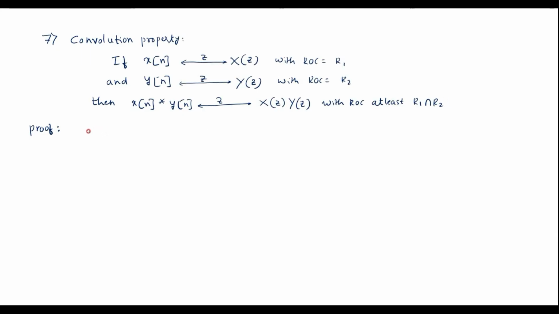We know that the convolution between two discrete signals, that is x of n star y of n, is given by summation k varies from minus infinity to infinity x of k y of n minus k. We'll call it equation number 1.